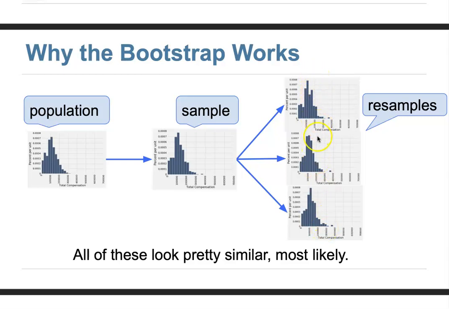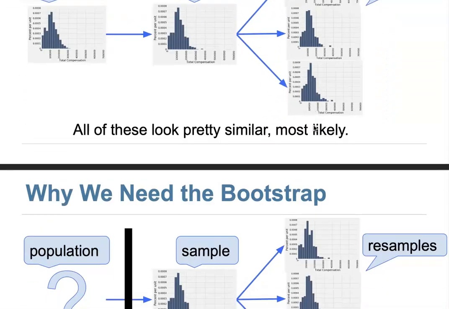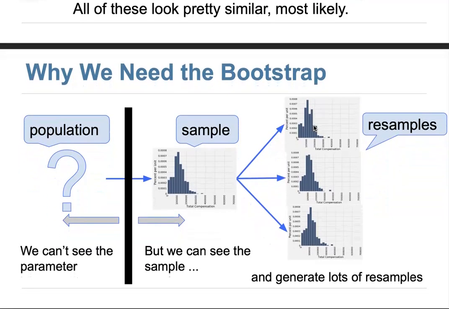Remember, all the resamples still have size 400. So no matter what, they will still be similar to the population, but they have some error and some differences. However, if we get as many resamples as we can, we find the average from them, so maybe we can balance out the differences. That's why we need the bootstrap.